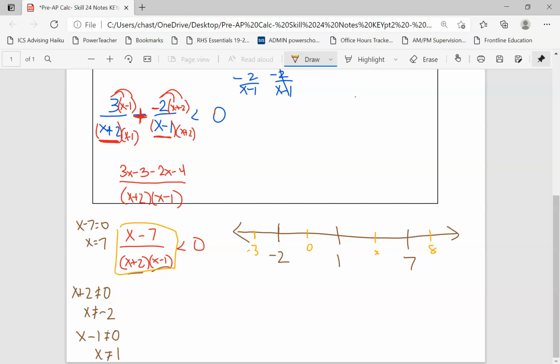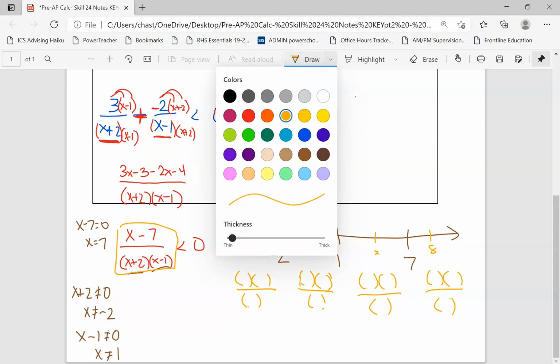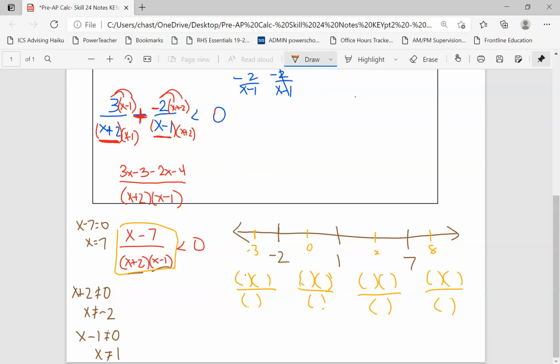Everything is just a factor, so we don't have any that are guaranteed to be one sign or the other. So I'm just going to go ahead and draw this out as such. These parentheses are going to represent the signs of each factor. And now I'm just going to use my test numbers to figure out the signs.